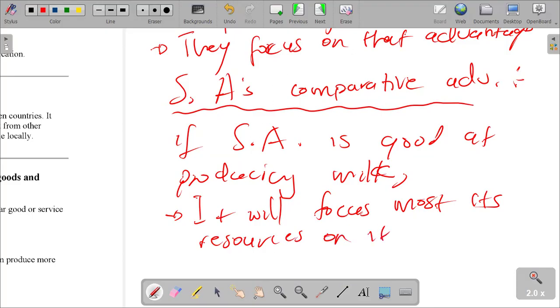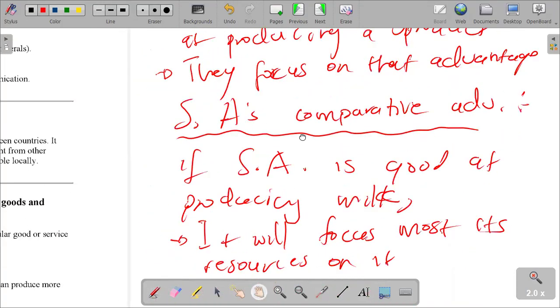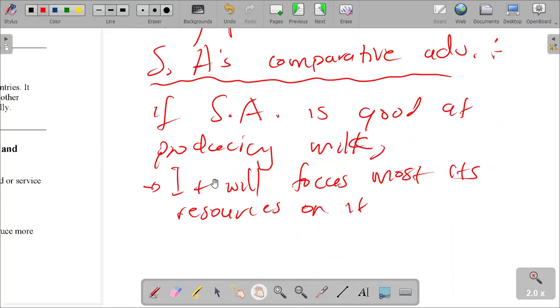Why? That is called what? Comparative advantage. So South Africa is good at producing milk. It will focus most of its resources on it. On what? On milk. On producing milk.